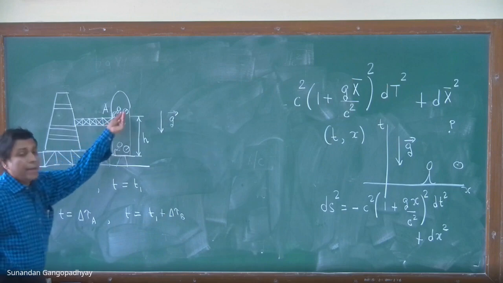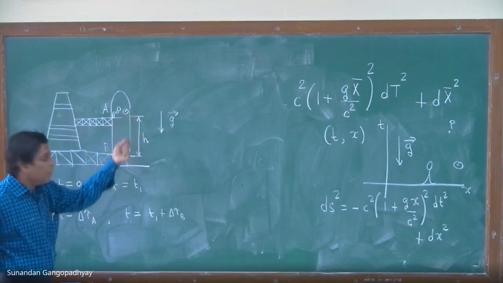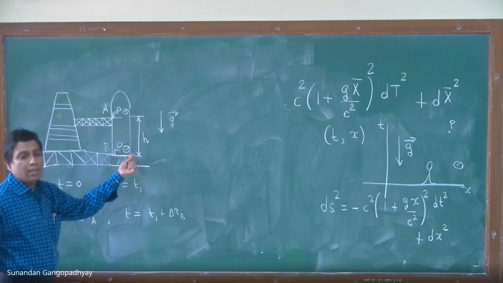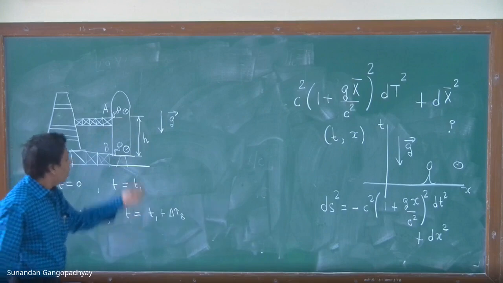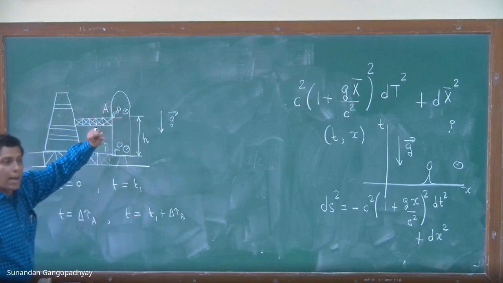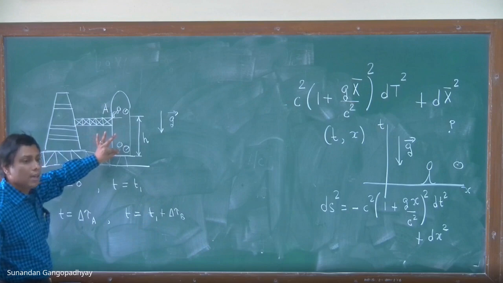So the rate at which he is sending the signals, he is not receiving the signals at the same rate. You can see, the time interval at which he is sending the signals, he is not getting the signals at the same time interval.